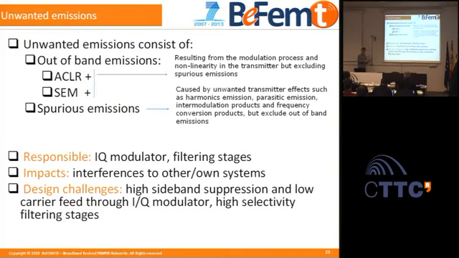As with the previous technology, if you want to employ high selectivity filters, their size increases. But more or less, there is massive production of filtering, and more or less it is solved. You can find in 3 by 3 millimeters very good filter stages that reject a lot of unwanted emissions. Okay.